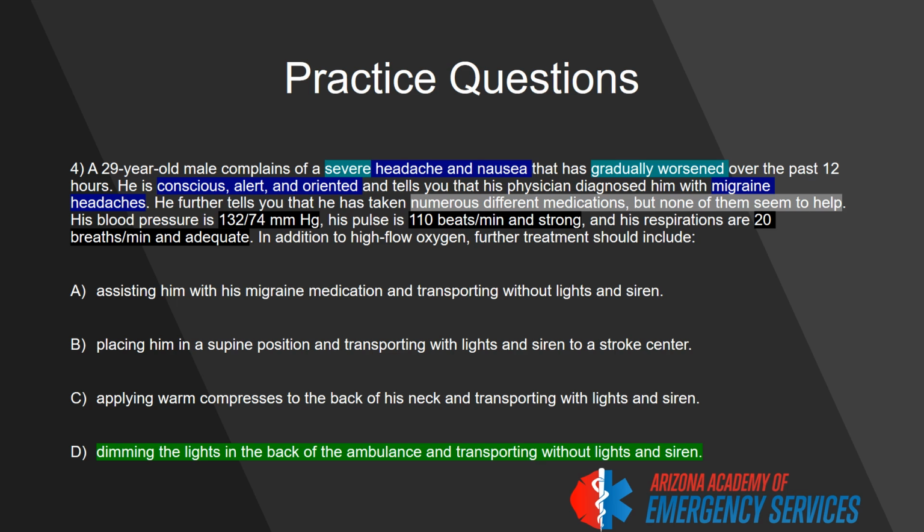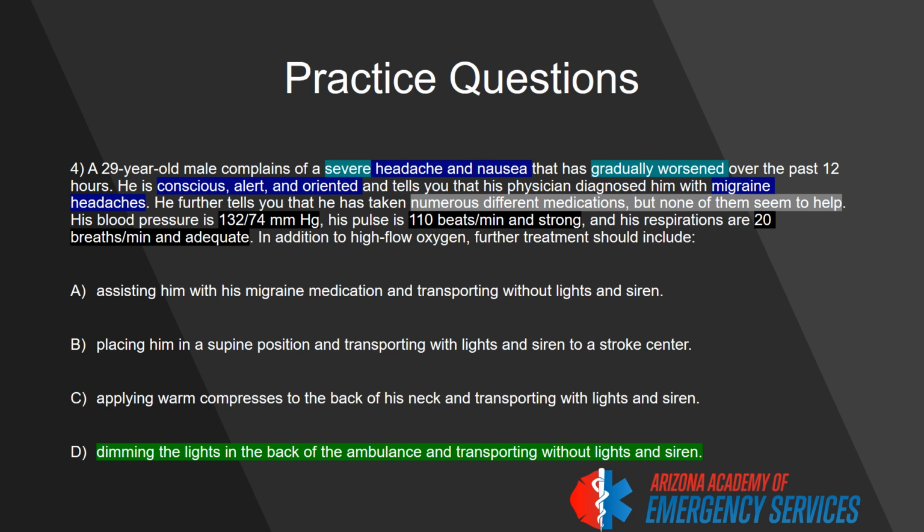So going back to the book, going back to the national curriculum, registry makes very, very clear that when we're talking about headaches, a lot of people have migraine headaches. A lot of people have consistent or chronic migraine headaches. And these migraine headaches, because of their photosensitivity, because of their sensitivity to bright lights and bright sounds, it talks extensively about how to transport these patients.